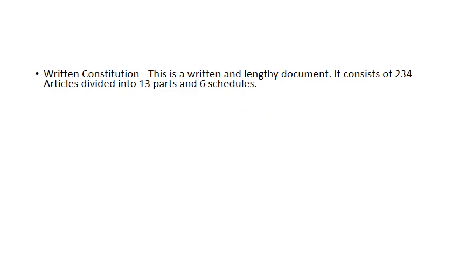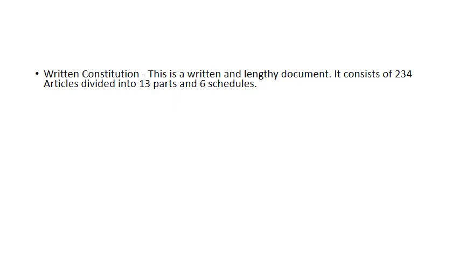First, this constitution was a written constitution. This is a written and lengthy document. It consists of 234 articles divided into 13 parts and 6 schedules. A constitution is called a written constitution if it is drafted by a constituent assembly.